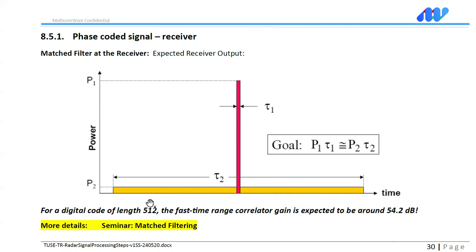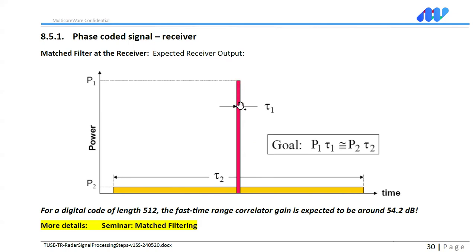When you go to the match filter, you multiply it with the same signal and integrate, and it goes up. This step is also called pulse compression. You do pulse compression, and this width is your range resolution. So even if your pulse is very long, your correlator will give a peak just right here.